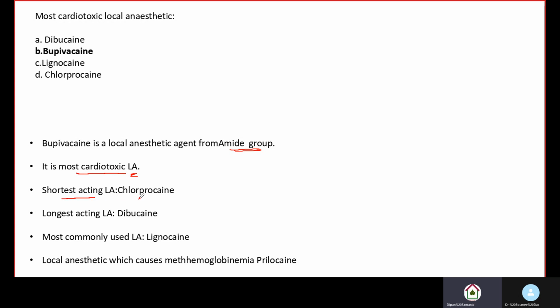Shortest acting local anesthetic is chlorprocaine. Longest acting local anesthetic is dibucaine. Most commonly used local anesthetic is lignocaine. The local anesthetic which causes methemoglobinemia is prilocaine. Remember these facts, very important. They may come in the FMG also.